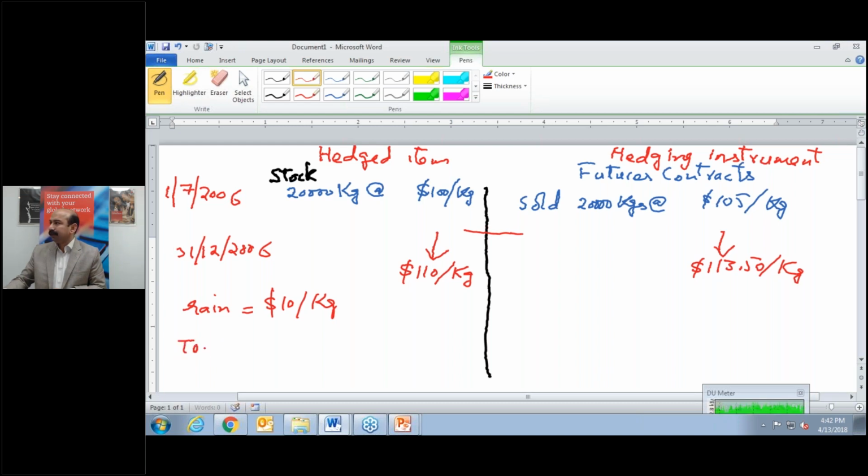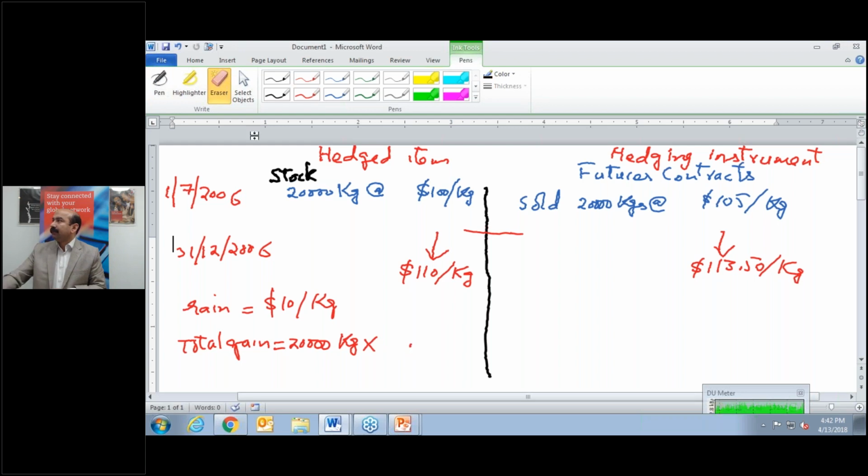Total gain is equal to 20,000 kg into gain per kg. Sorry, it should be dollar.